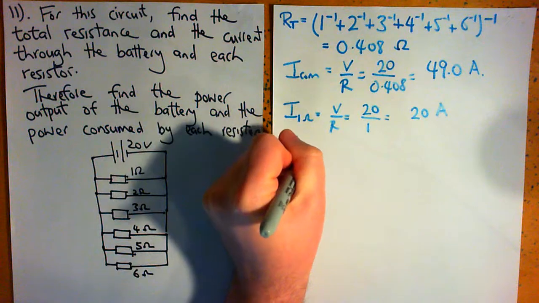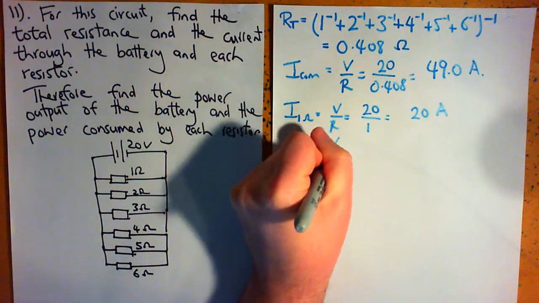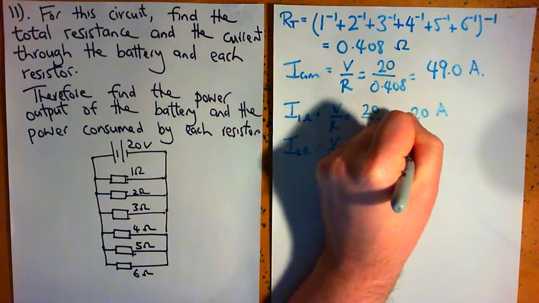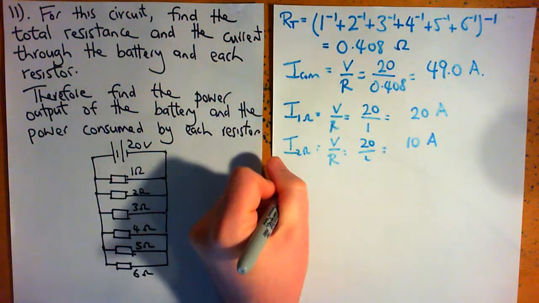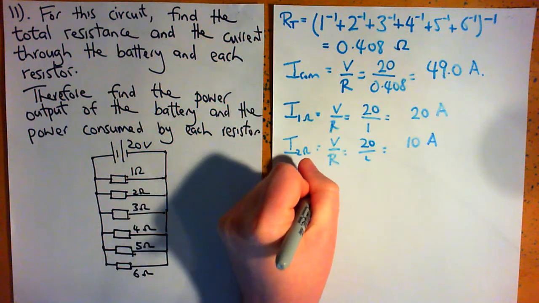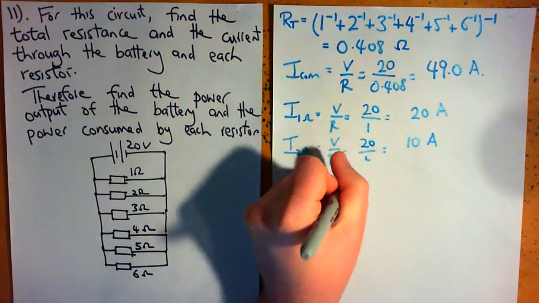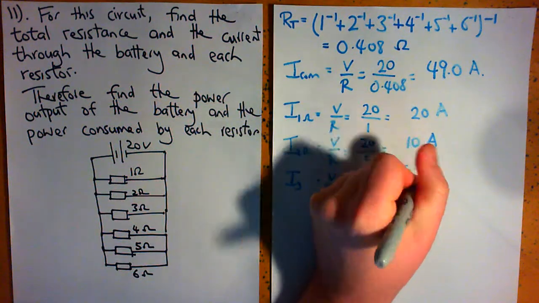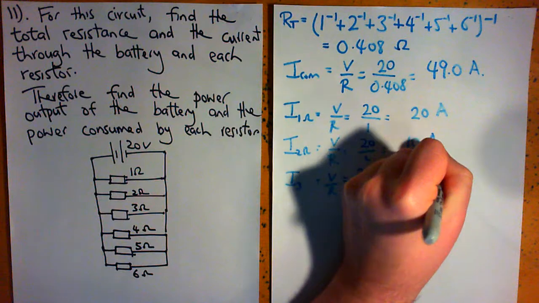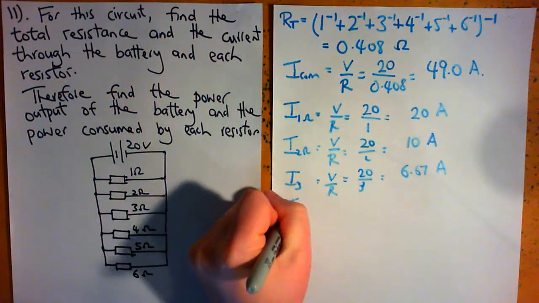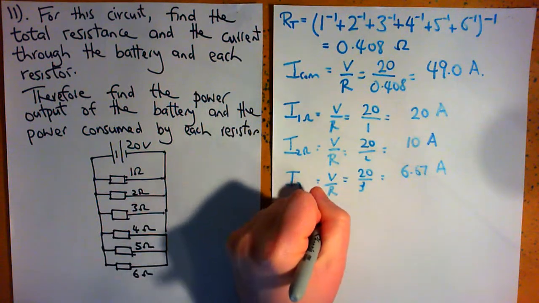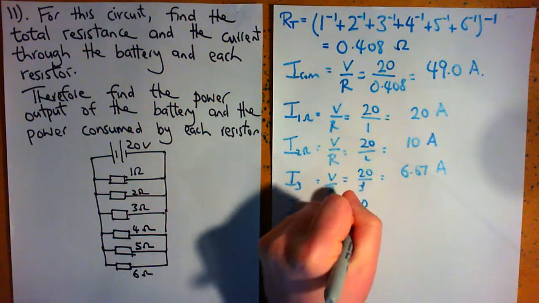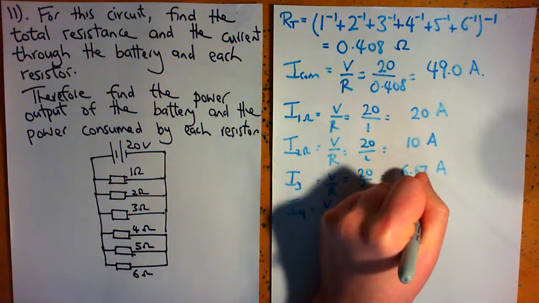For the 2 ohm resistor, that's 20 over 2, which is 10 amps. For the 3 ohm resistor, 20 over 3 is 6.67 amps. Then the 4 ohm resistor is 20 over 4, giving us 5 amps.